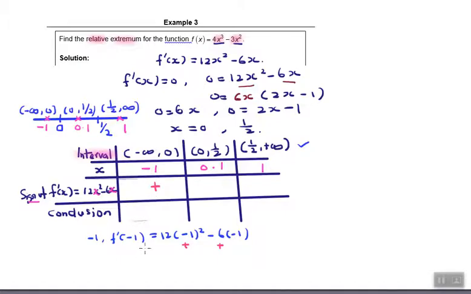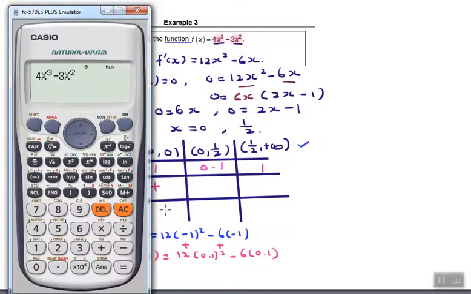Then when x is 0.1, substitute 0.1 into the first derivative: 12 times 0.1 squared minus 6 times 0.1. 12 times 0.1 squared is positive, minus 6 times 0.1.